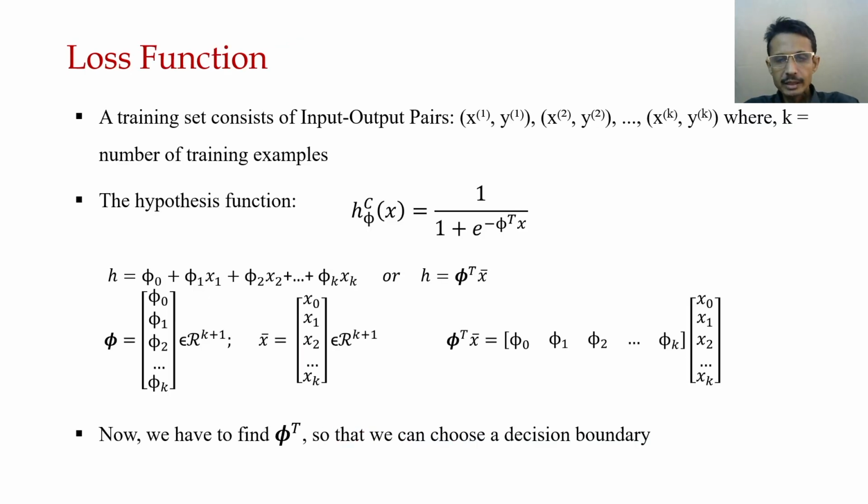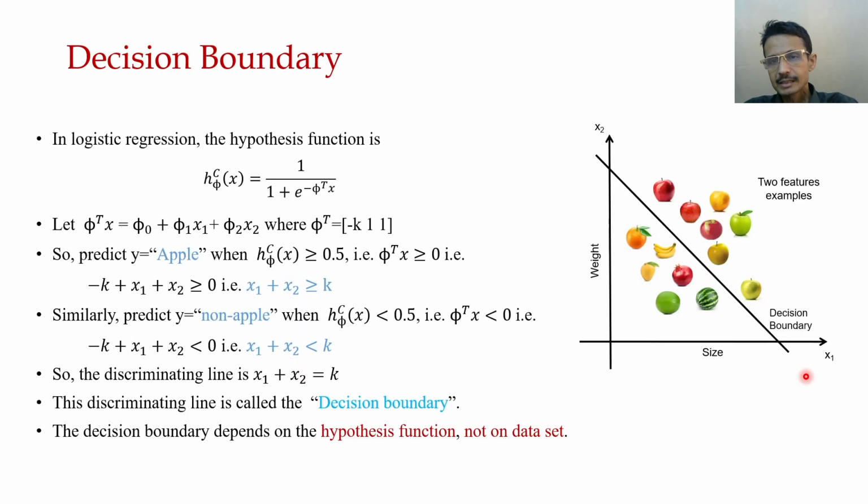Now the question comes: how accurately or how precisely can we find the decision boundary to separate two sets or multiple sets of data? In our previous example, we said there is a binary classification, so there is a set of apples and a set of non-apples.